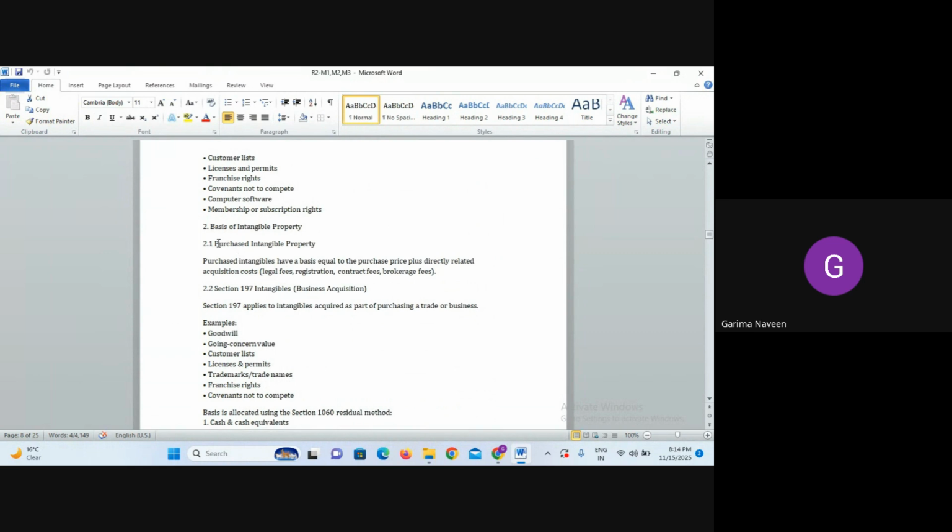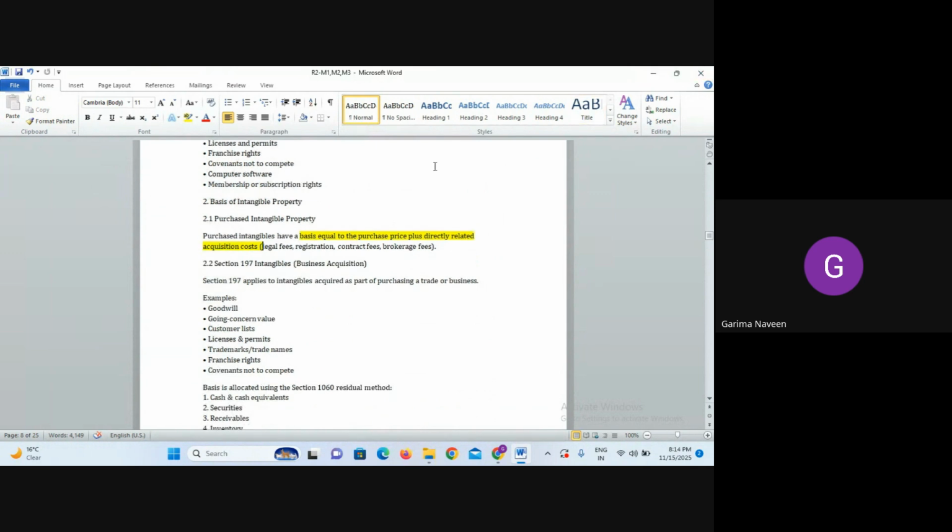So first of all is purchased intangible property. If you have an intangible which you have purchased, then your basis will be equal to the purchase price and any directly related acquisition cost. For example, your legal fees, registration fees, contract fees, and brokerage fees.